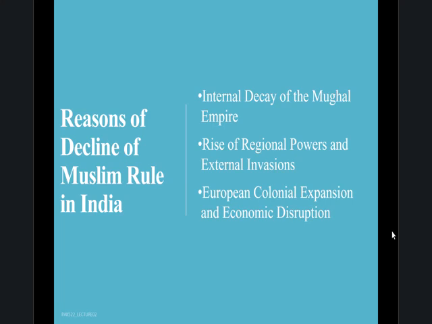This invasion not only plundered immense wealth from the Mughal treasury, but also shattered the myth of Mughal invincibility, exposing the empire's vulnerability to external aggression. It also led to the loss of significant territories in the northwest.